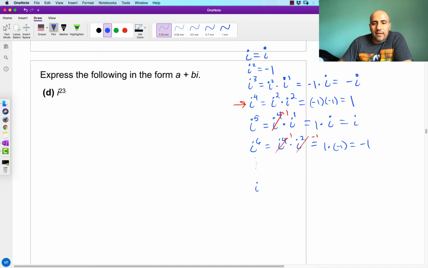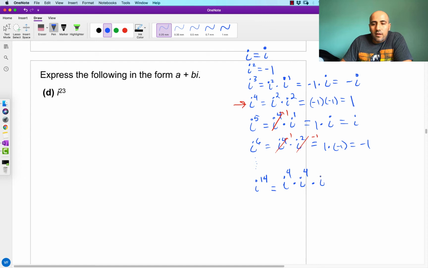How about if I had like i to the 14th power, like that. Okay, what we want to do is think about how many times we can separate this into powers of 4. So this is going to be i to the 4th power times i to the 4th power. I've taken care of 8 of them already.